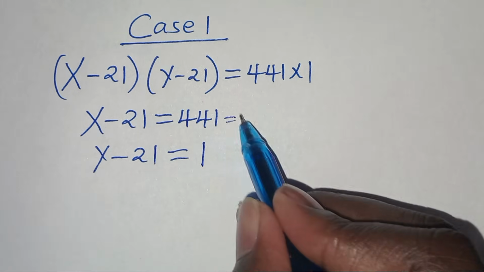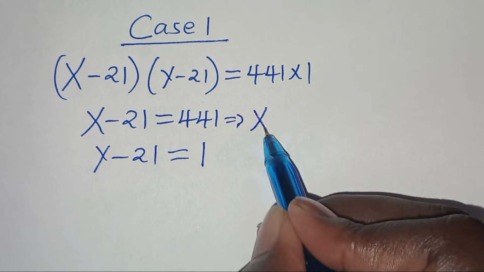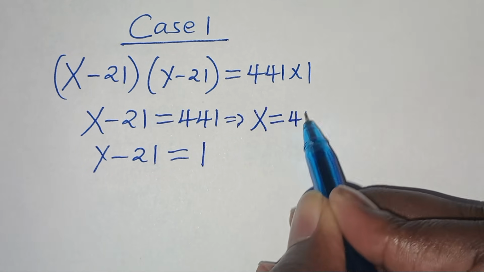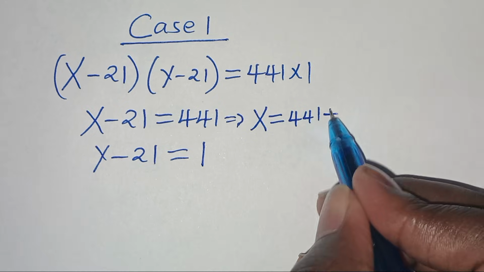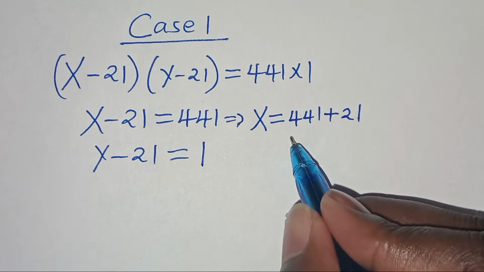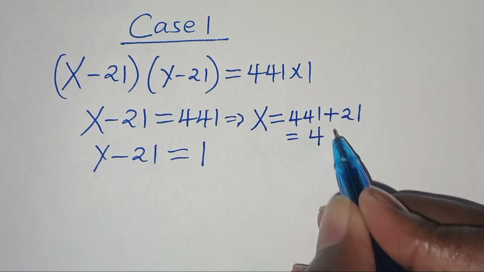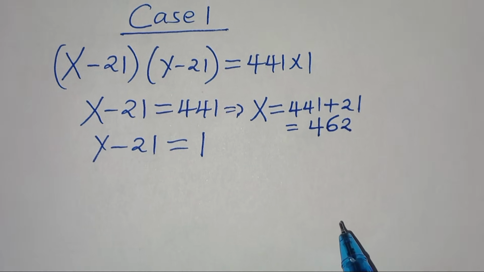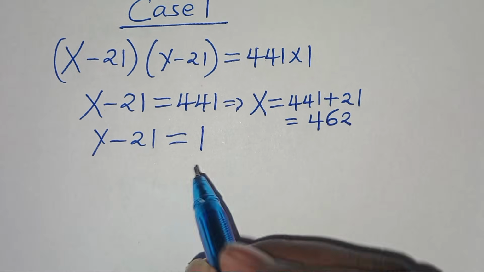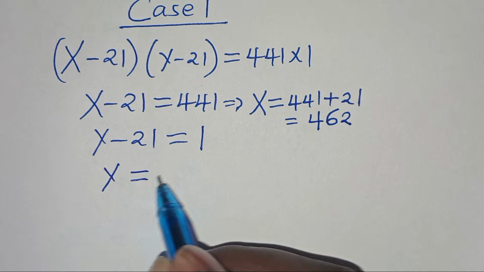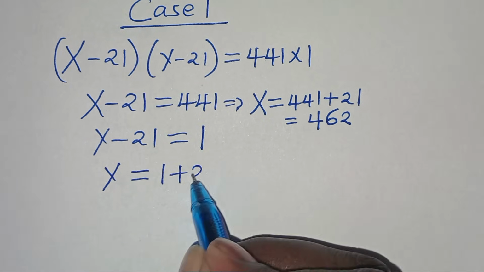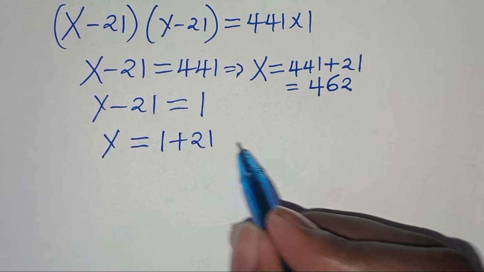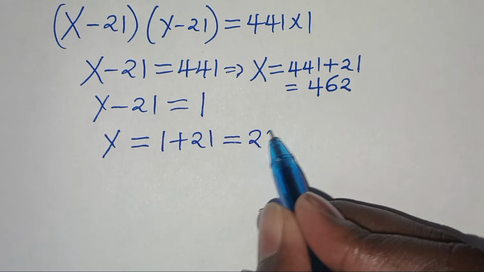From this part, x is equal to 441 plus 21, which is 462. Then y is equal to 1 plus 21, which is equal to 22.